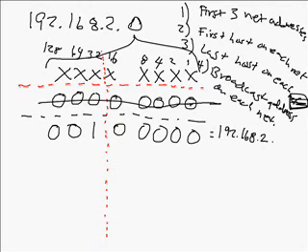But the last octet is 32 because there's a 1 in the 32-bit position. So the network address is 192.168.2.32. And remember, the subnet mask was 255.255.255.224.